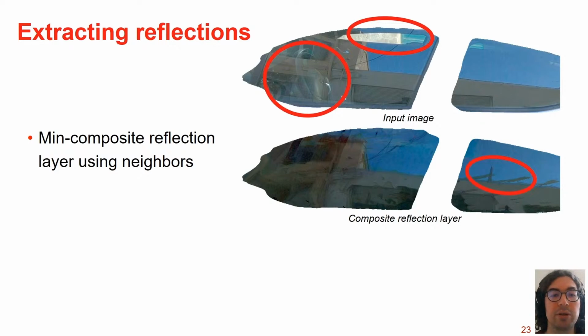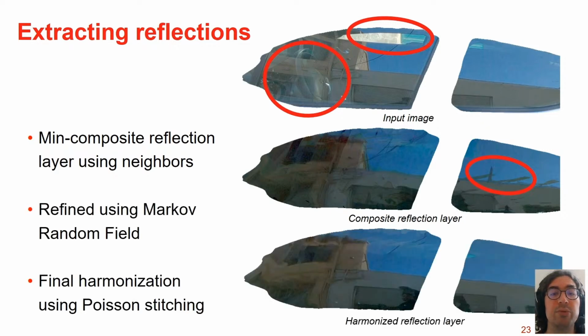The result exhibits ghosting artifacts and harmonization issues, and it is thus additionally refined and harmonized to minimize this. This is done as a preprocess for each input image, and we obtain a set of reflection layers. We can also generate transmitted layers by averaging input images, which will be useful for the interior of the cars.